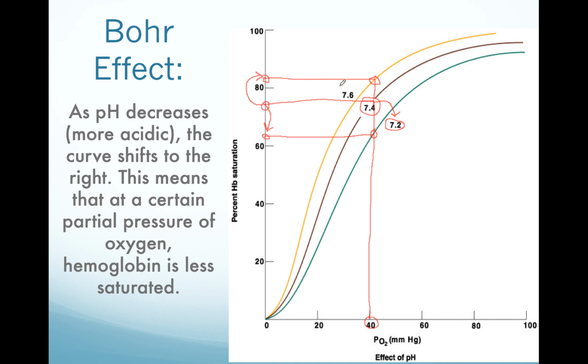Usually when your blood becomes more basic, that means you already have a lot of oxygen being released out into the tissues. So if you already have a lot of oxygen, does hemoglobin need to release even more oxygen? No. Hemoglobin can stay bound to the oxygen, so we're going to see an increase of 10% in the hemoglobin saturation.